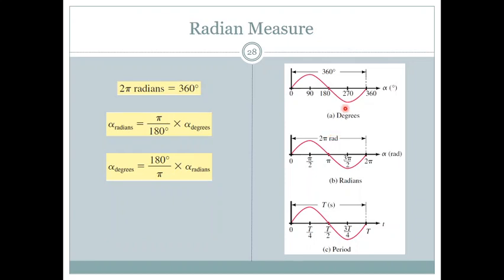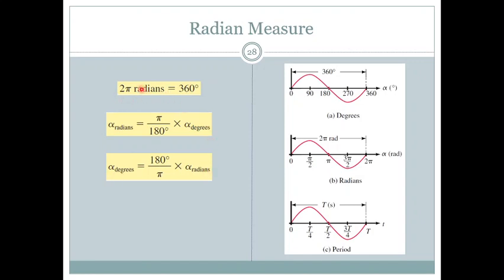When it comes to radian measurements, 2 pi radians is equal to 360 degrees. So that can be used to convert between radians and degrees. But your calculators have all these features. Have a look at your calculator manual to find out how you convert from a radian value to a degree value, and a degree value to a radian value.